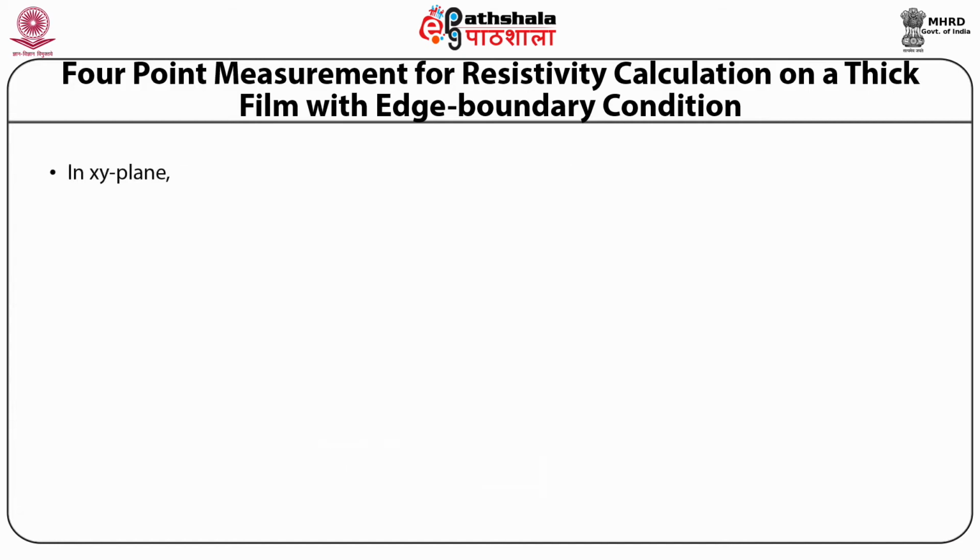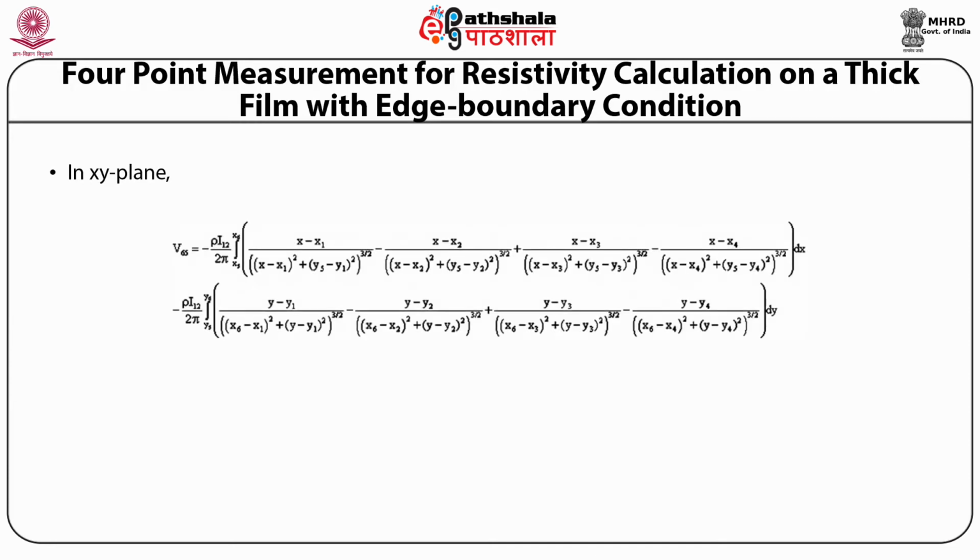In the xy plane, the voltage can be calculated as V65 is equal to minus rho into I12 by 2 pi, the integral going from x5 to x6.